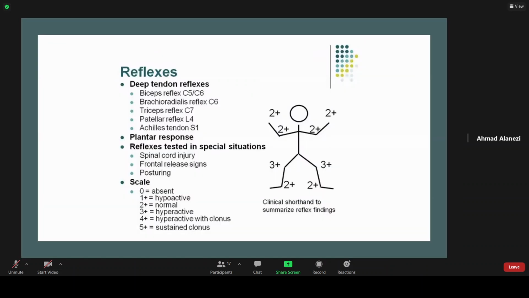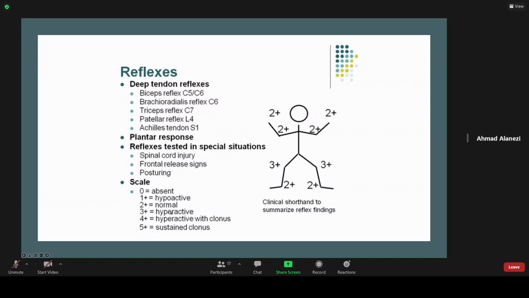And then the deep tendon reflexes. It's very important to test the biceps reflex, then brachioradialis, and then triceps in the upper limb, and then the patellar reflex, which is here, and the Achilles tendon reflex, to get a sense of the deep tendon reflexes. If there are no reflexes, this is 0. If there's hyporeflexia, it is +1. +2 is normal reflexes.